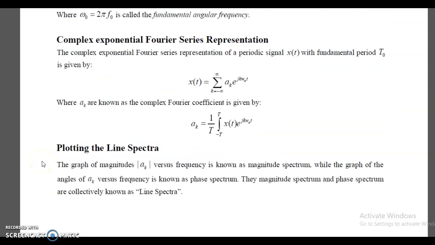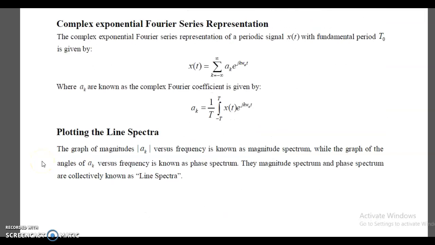For the Fourier series representation, there could be multiple representations: the exponential Fourier series representation and the trigonometric Fourier series representation. The first one is the exponential Fourier series representation, which tells that x of t could be mapped in terms of the Fourier series by this formula, which simply tells that some a k's multiplied with e raised to the power j k omega naught t and summed up over k from minus infinity to infinity can give us the same signal as x of t.